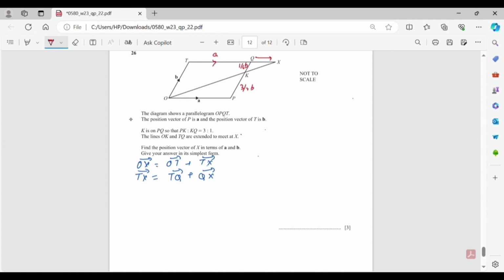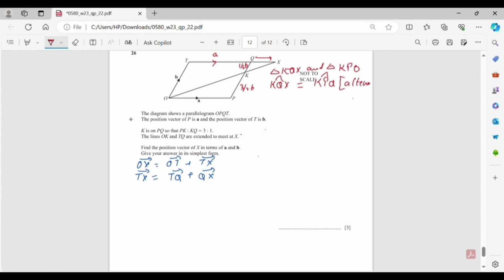Now we will take two triangles, triangle KQX and triangle KPO. Angle KQX will be equal to angle KPO, right?